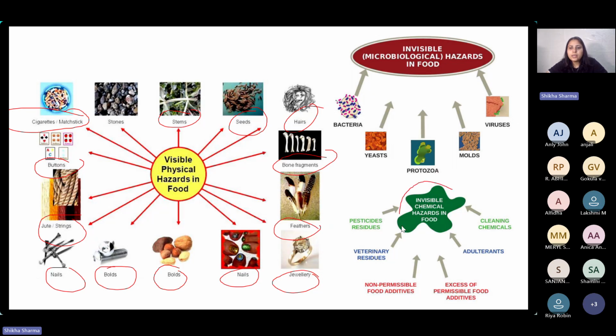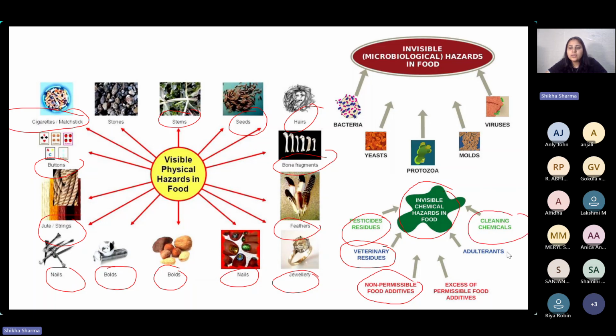And chemical hazards basically include pesticide residues, then veterinary residues, non-permissible food additives. If we have given some food additives which are beyond the safe limits, they can also come under this chemical hazard.